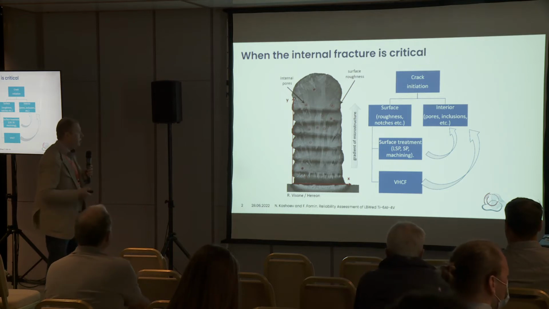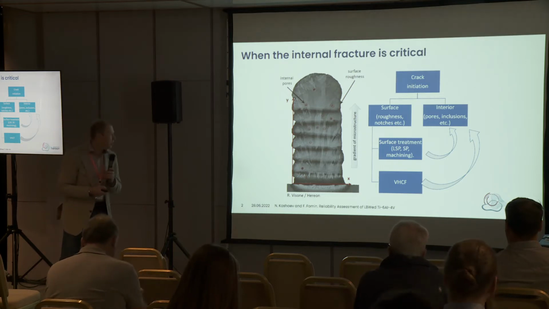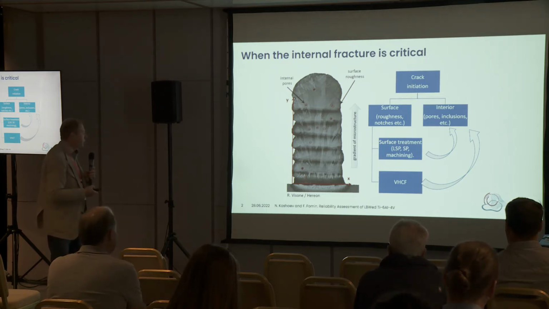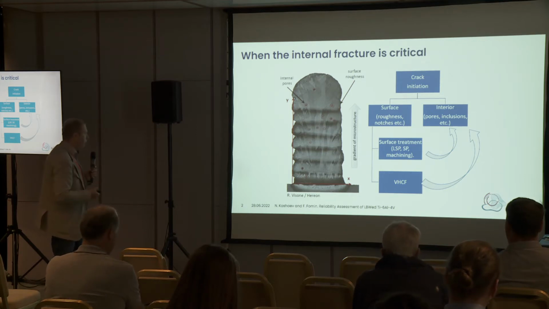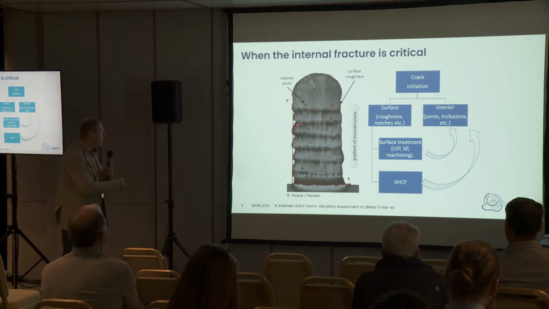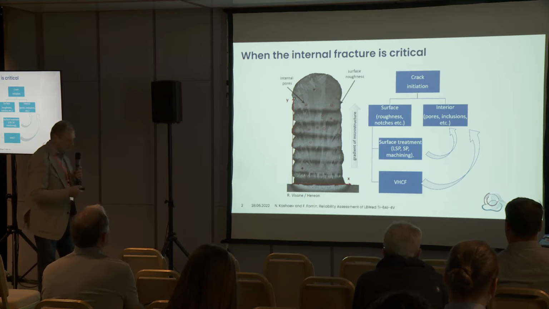There are a number of surface treatment techniques to remove the notches, such as laser shock peening or shot peening. Therefore, if we remove surface notches, then internal defects will play the most important role, and this is also the case for very high cycle fatigue.